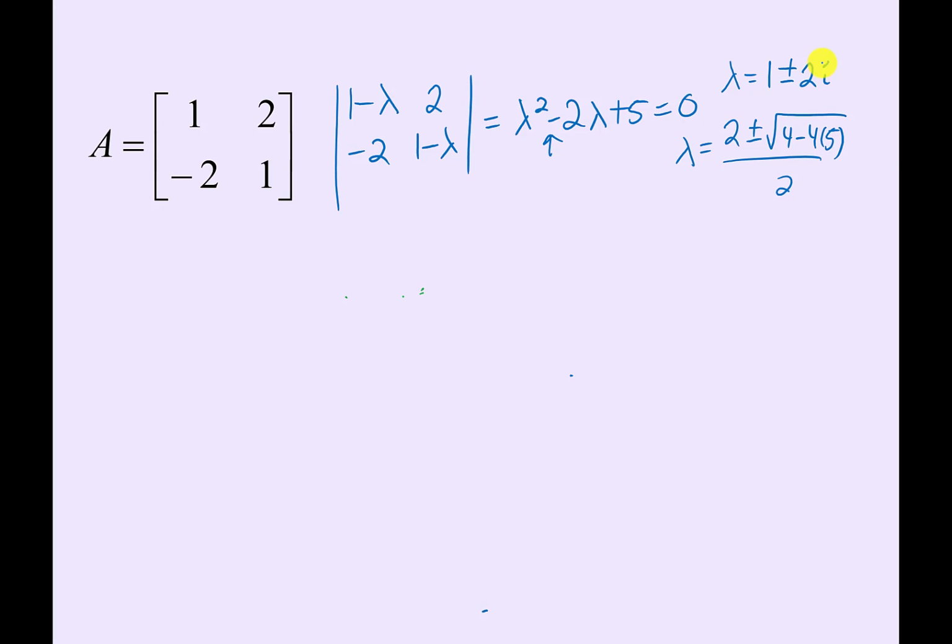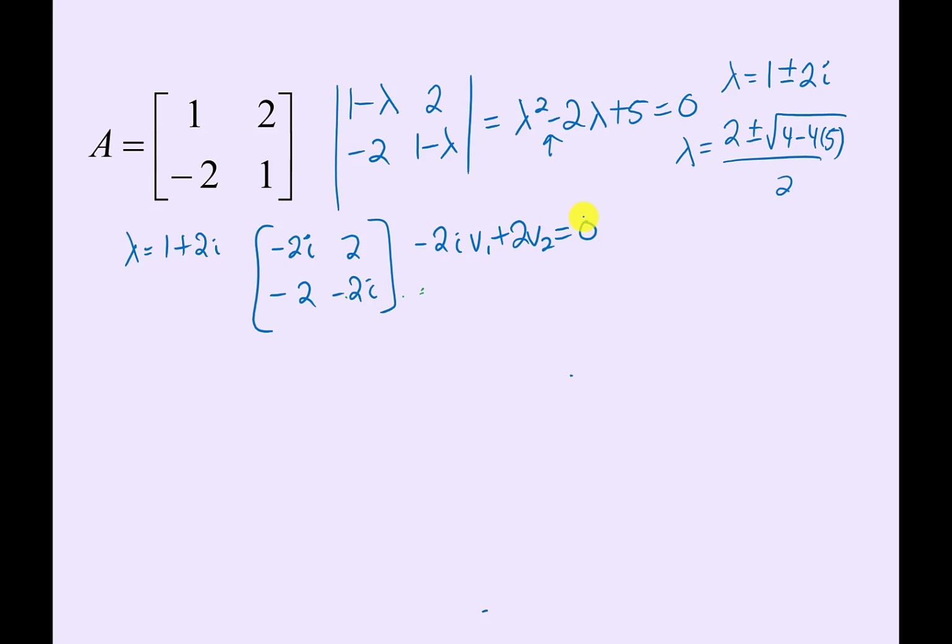So we're going to use eigenvalue 1 plus 2i, and so 1 minus 1 is 0, so this will just be minus 2i, and then 2 and minus 2 and minus 2i. All right, so if I put the variables back in to find an eigenvector, I'd have negative 2i v1 plus 2 v2 equals 0.